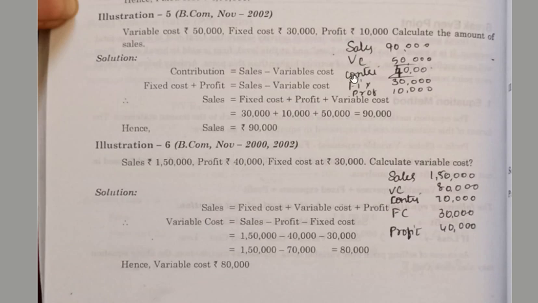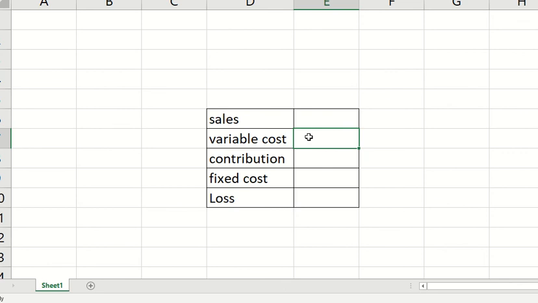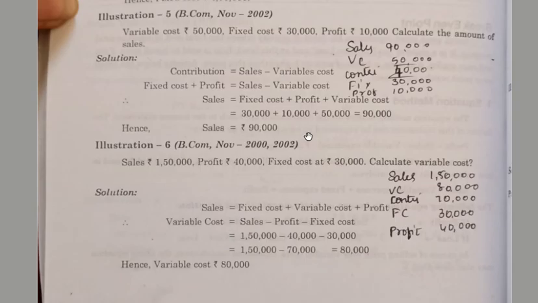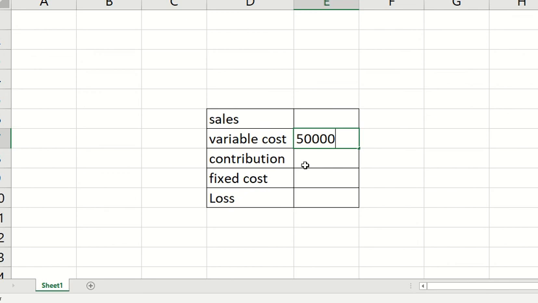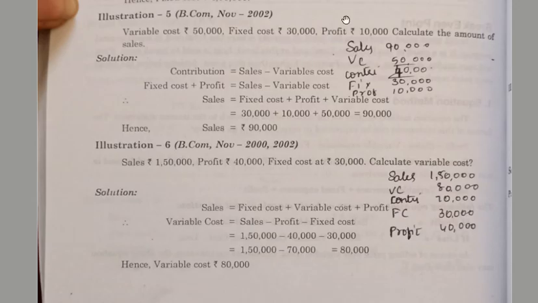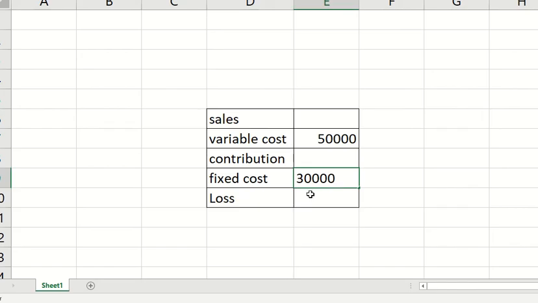So whatever they have given, just put it in that table. Variable cost is 50,000. Fixed cost is 30,000. Profit is 10,000.